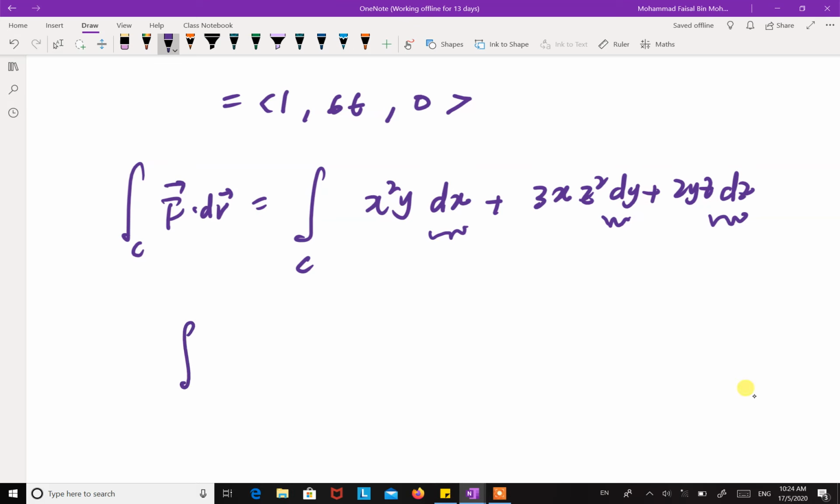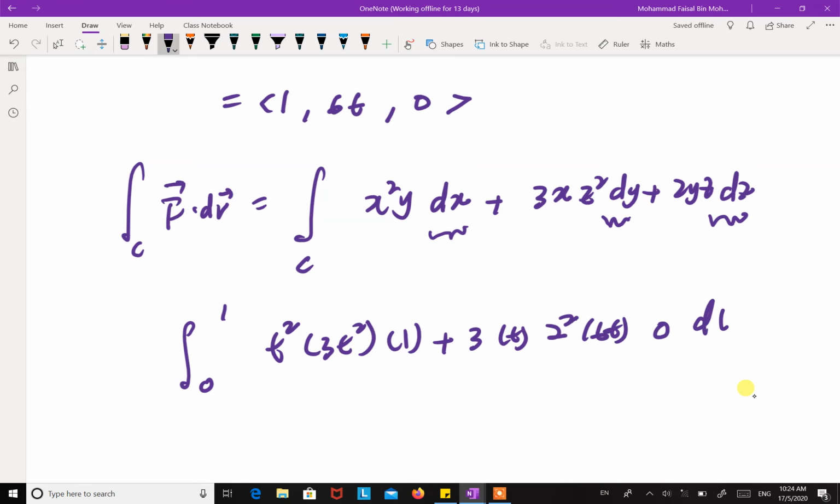So your integration from 0 to 1 will be t squared times 3t squared times 1, plus 3t times 2 squared times 6t, plus 0, dt.